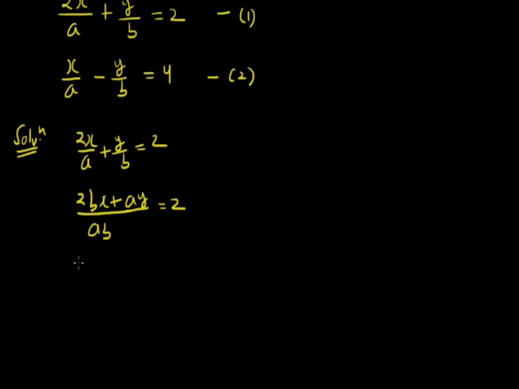Now after cross multiplying we get 2bx plus ay equals twice ab. So let's say this is equation number 3.